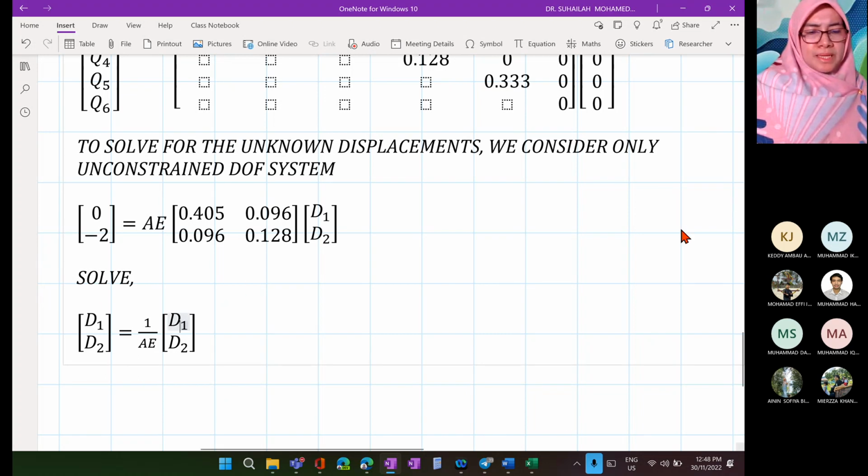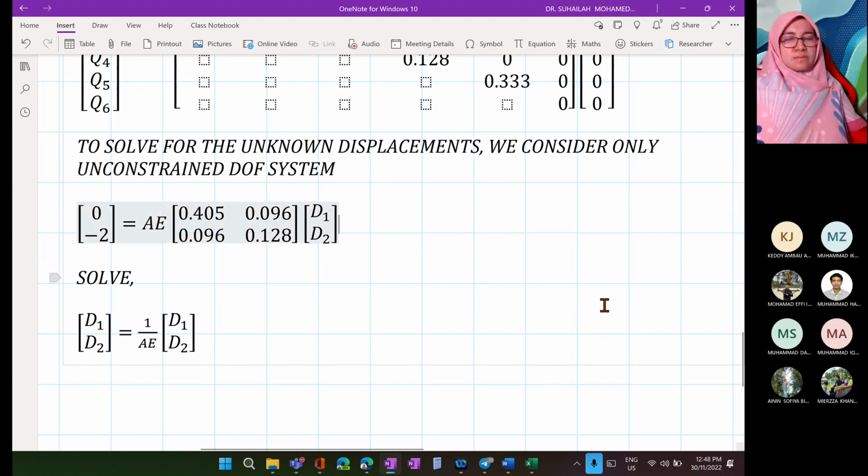What is the answer? Please calculate. What is the answer for this? In terms of AE, what is D1, D2? Apa nilai ni?